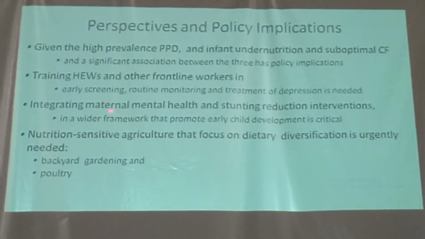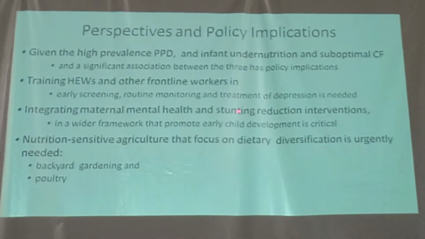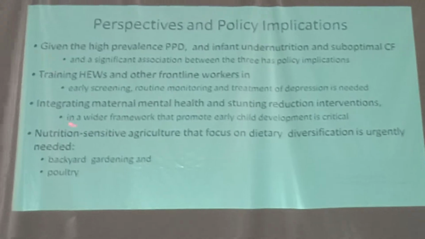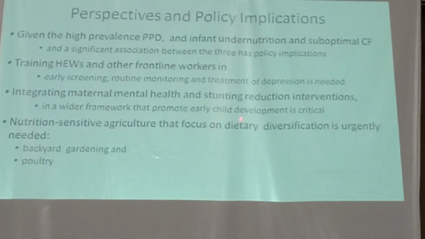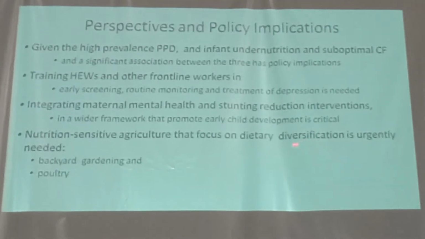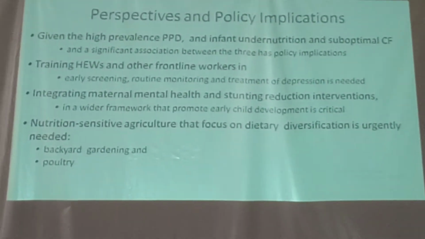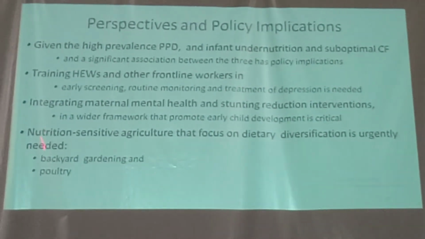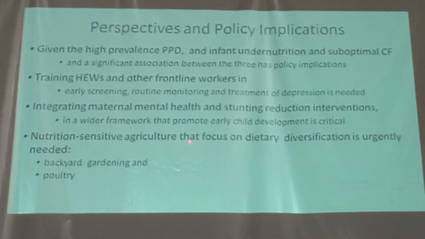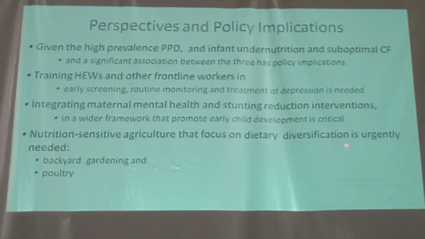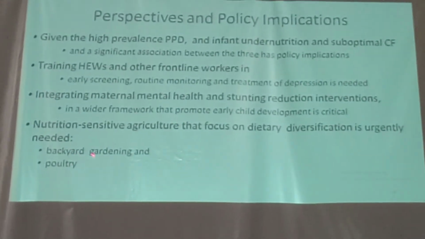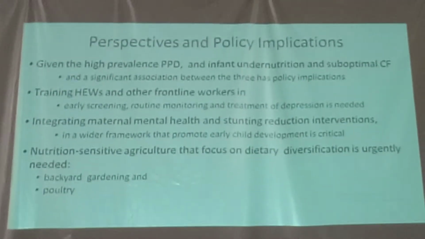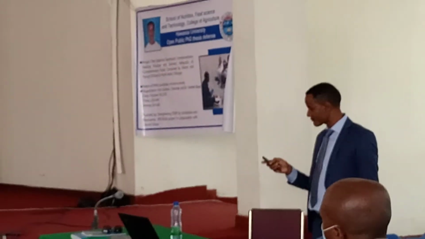And integrating maternal mental health and child stunting reduction interventions in a wider sustainable culture that focuses on diet diversification is generally needed, like backyard gardening and poultry production.